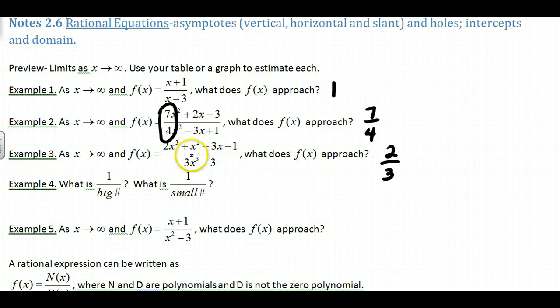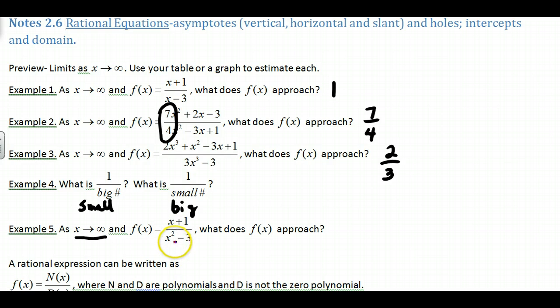Now, what if the degree is not the same? Let me ask you this: what's 1 over a big number? I hope that you say 1 over a billion is a very small number. And what's 1 over a small number? Well, that would be a big number. So what happens when I look at a situation like this? The bottom is growing faster than the top as x goes to infinity. And this is all for x going to infinity.